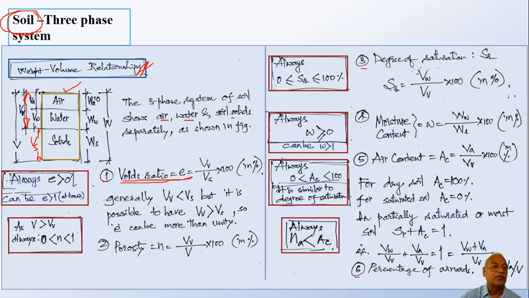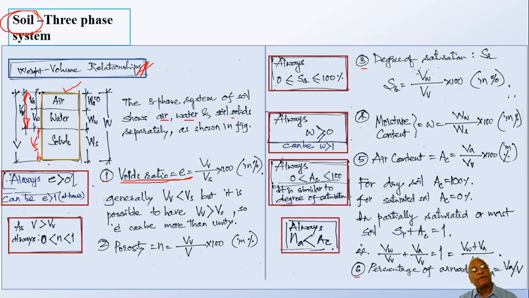It will not be 0 or less than 0, because when you say soil, there will be voids. Fewer or more voids will be there, and at times the volume of voids can be much more than the volume of particles themselves, or volume of solids. In such cases, e gets more than 1.